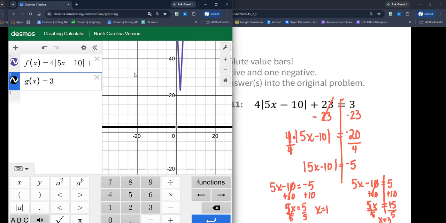So let's go back and look at our work. Did I just let y'all do something totally wrong? I think I did, right? Yeah, you probably typed something wrong. You didn't put the plus 23. Yeah, so something's not working.